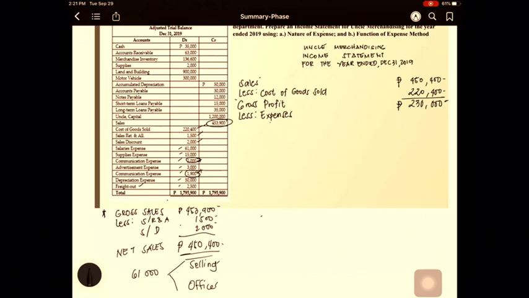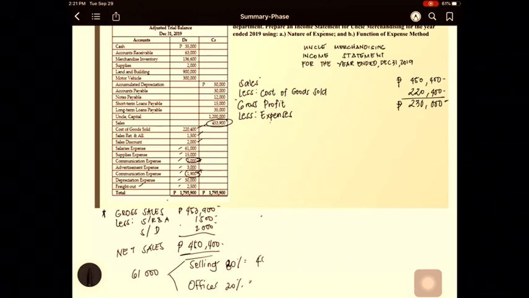So this is 20%. This is 80%, and this is 20%. So how much is 80% of your 61,000? That would be 61,000 times 80%.